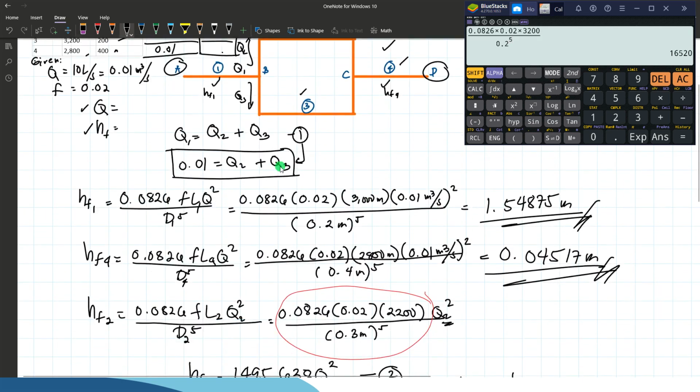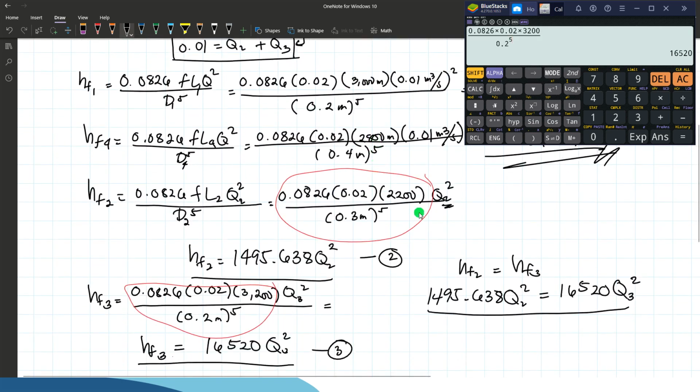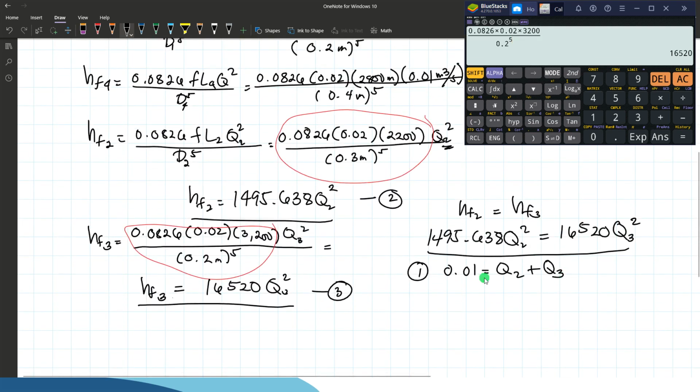So going back to equation 1, we have 0.01 equals Q2 plus Q3. From that, we can substitute from equation 1 into equation 4 in order to determine one variable, or the other way around.